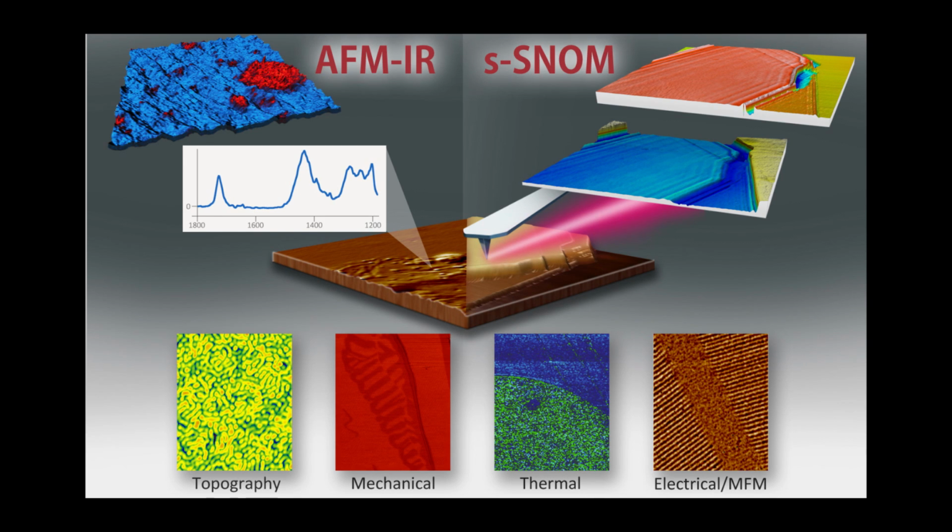What that means is you need free electrons at the apex of the tip, so effectively a metal coating or some type of very conductive coating at the apex. So for both scattering SNOM and AFMIR, we're typically using probes coated with gold, platinum, or platinum iridium, things like that. That gives you this local enhancement at the apex of the tip.